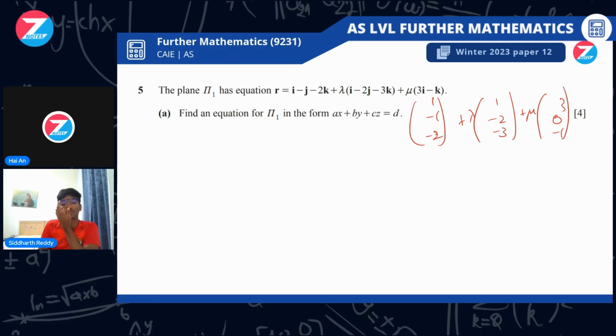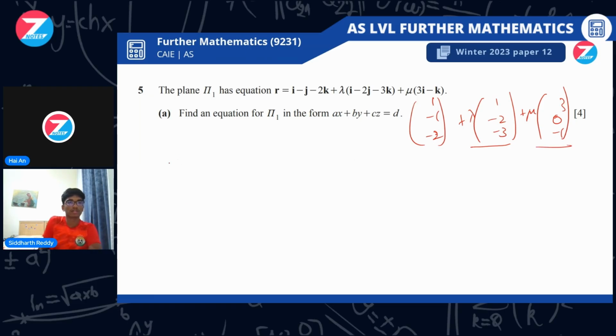There's no j here, so it's 0. Basically they're asking us to find the Cartesian equation of the plane. For the Cartesian equation, we just need two direction vectors on the plane and 1 point on the plane. So we already have two direction vectors, 1 minus 2 minus 3 and 3 0 minus 1.